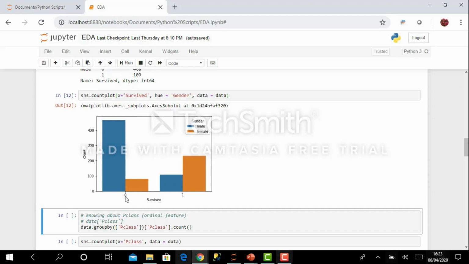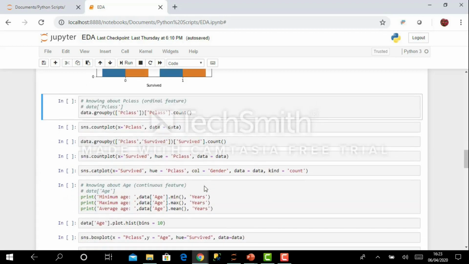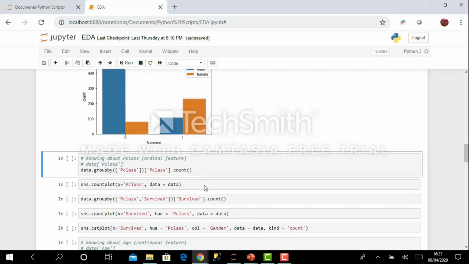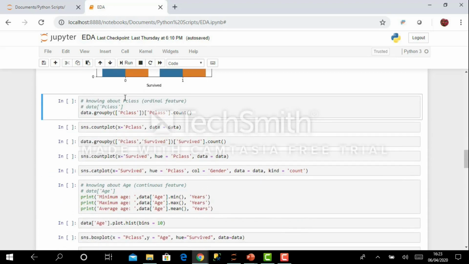All this information I got from these visualization techniques. So I have some understanding now about the gender column. Let us move to the next column, that is the Pclass column. Let us first see what data there is in the Pclass column.